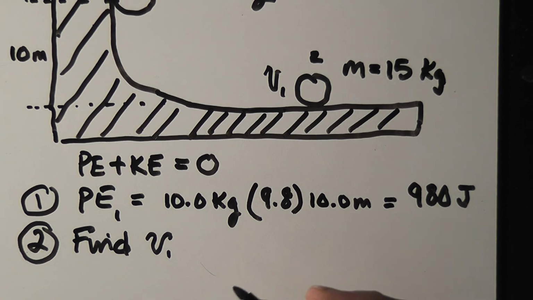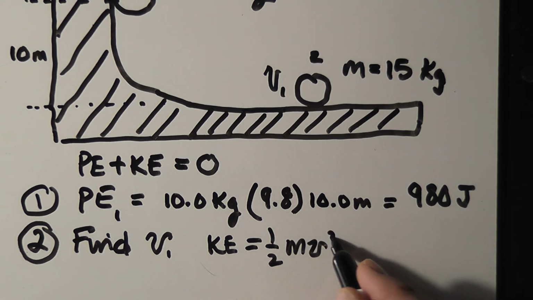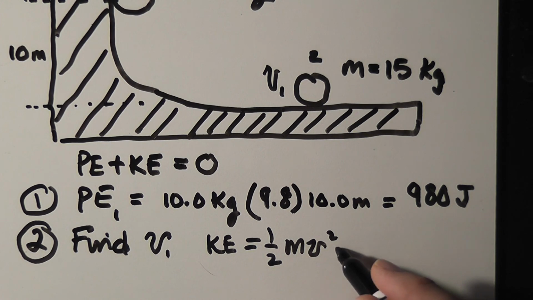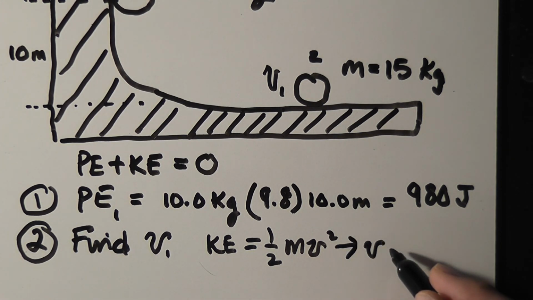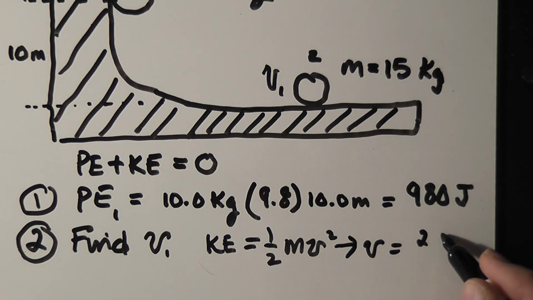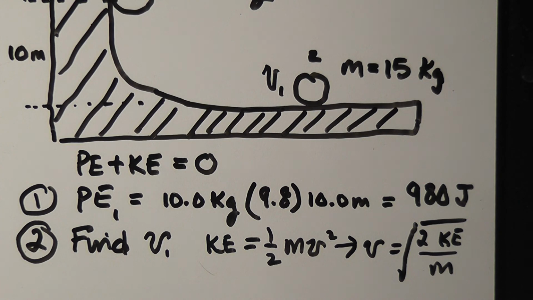Okay, and we can use the kinetic energy equation, and we can just solve using algebra, solve for V. Okay, and V is going to be equal to the square root of 2 times the kinetic energy divided by the mass. So let's do that.